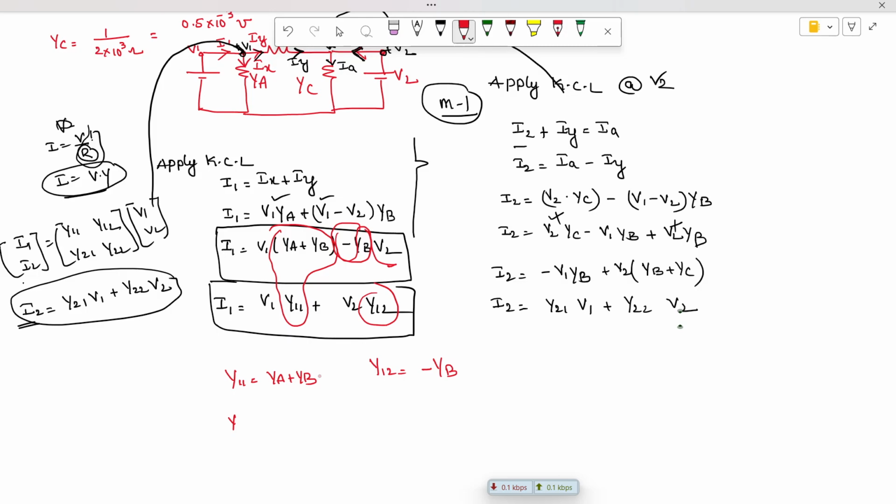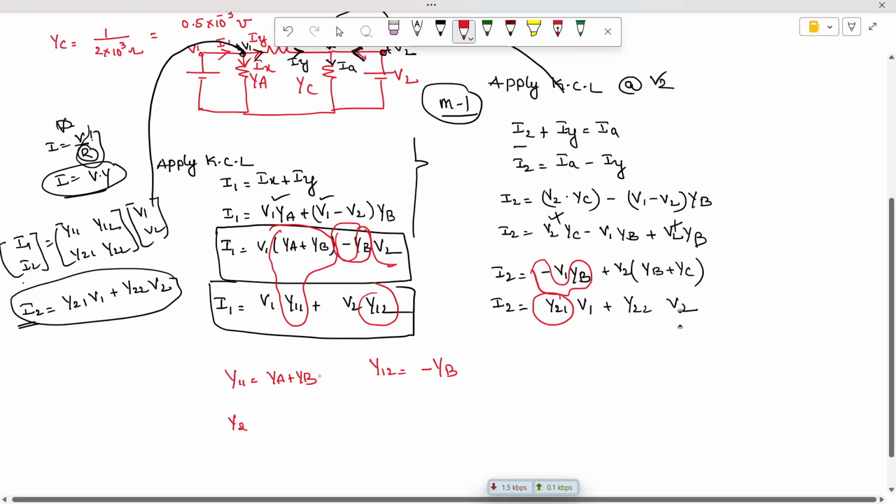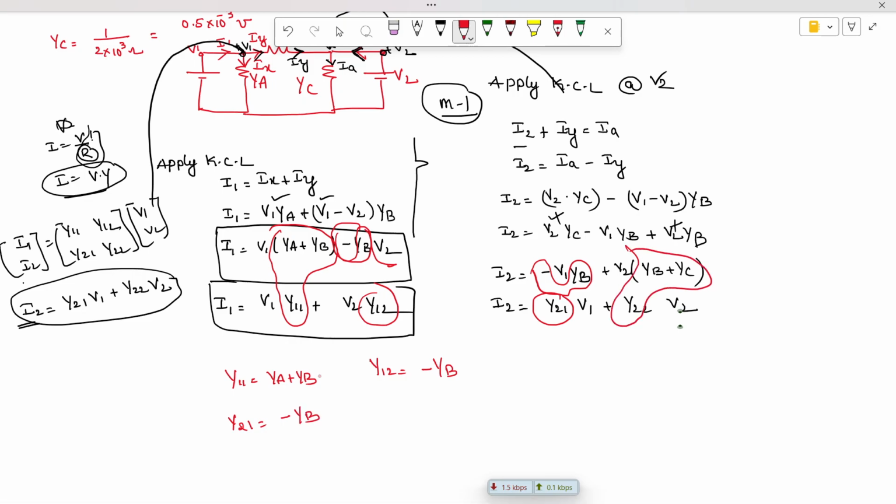So coming to here, when you compare this, this is y21, so y21 is equal to minus yb. And what is the value of y22? y22 is yb plus yc. So ultimately we got the same answer.